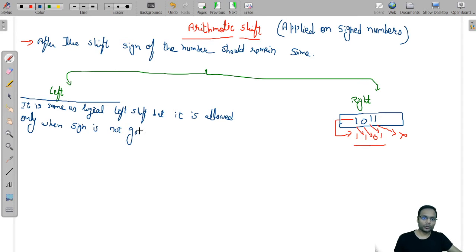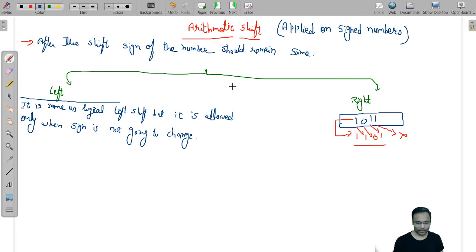Not going to change means the method to apply the logical left shift and arithmetic left shift is the same, but in the arithmetic left shift one extra constraint is added by your CPU.